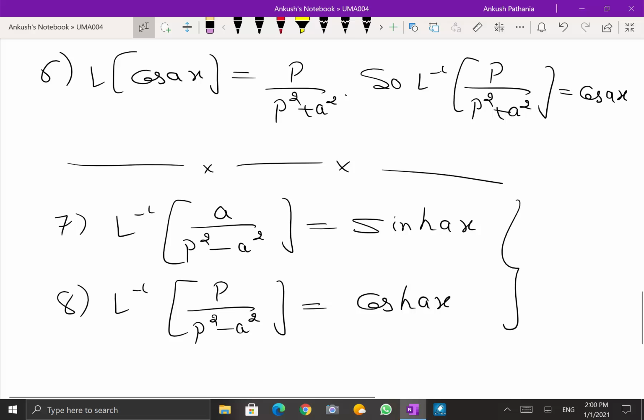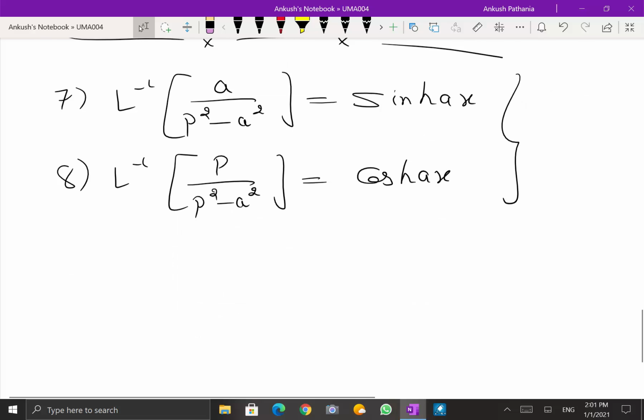Now, what is the use of doing the inverse of Laplace transform? The reason is that while we will be studying the application of Laplace transform in solving differential equations, there the concept of inverse Laplace transform is going to be used, because otherwise we will not be able to solve the differential equation.